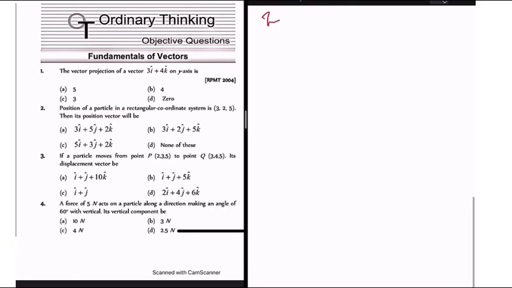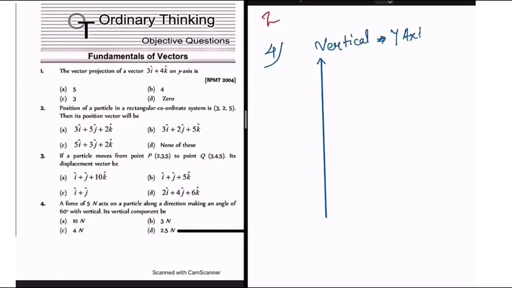Now, fourth question. A force of 5 Newton acts on a particle along a direction making an angle of 60° with vertical. Find its vertical component. It's a very easy question. This is vertical direction, or you can call it y-axis.